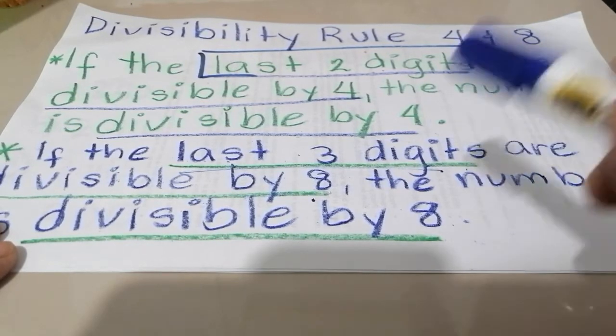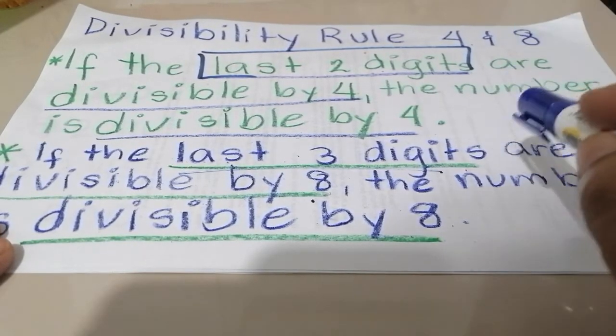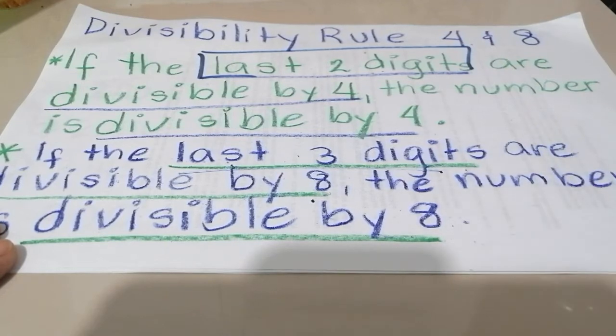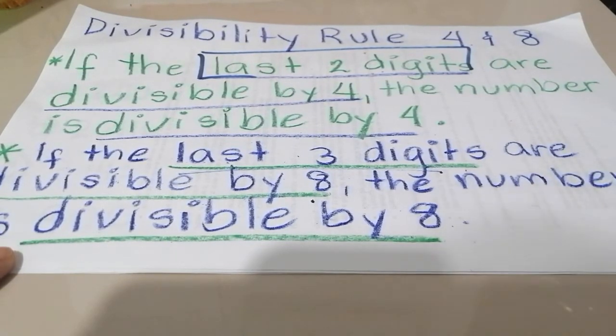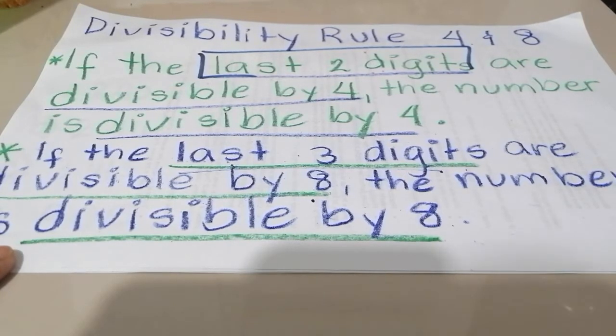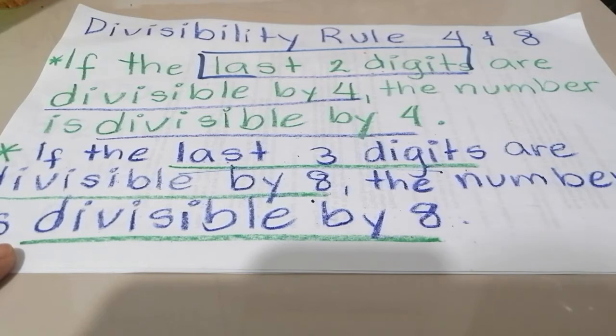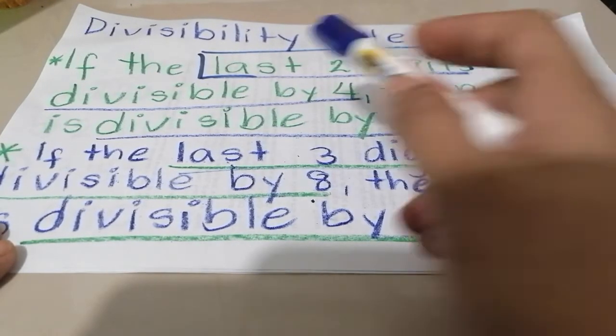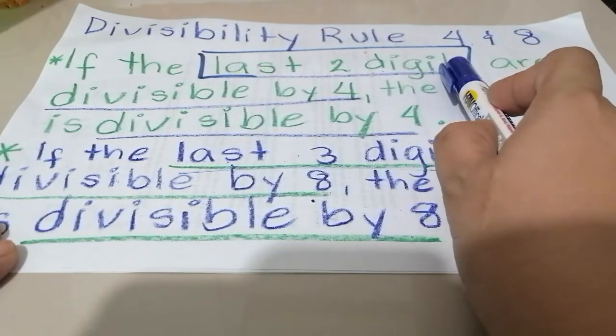Okay? So, anong ibig sabihin nun? So, pag nagdi-divide tayo ng number, kahit yung number na yun ay malaki pa, may that be 2-digit number, 3-digit number, 4-digit number, or more than 5-digit number, para malaman natin kung divisible yun by 4, ang kailangan mo lang gawin ay titingnan mo yung last 2 digit.